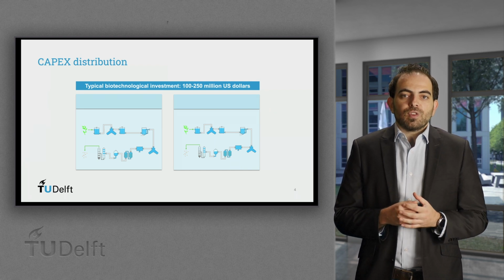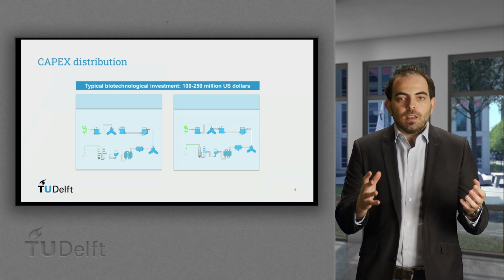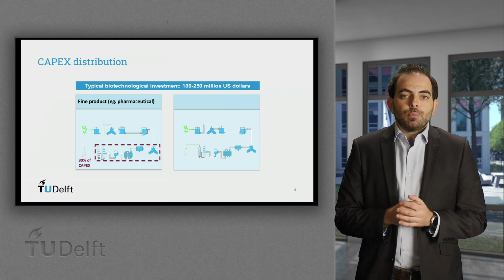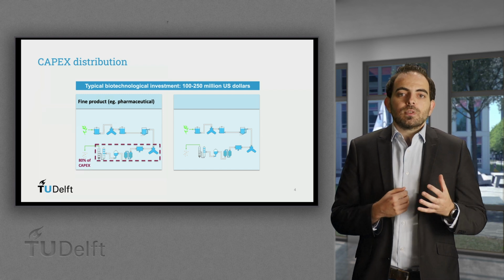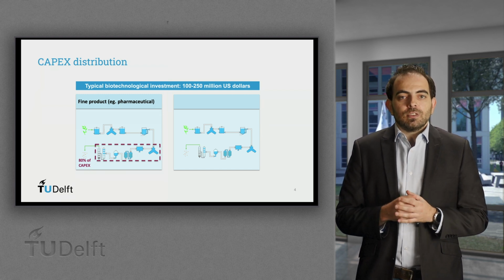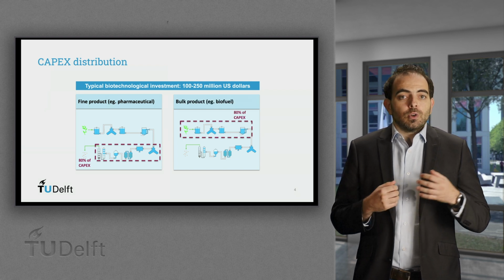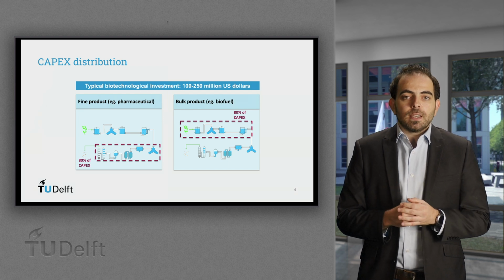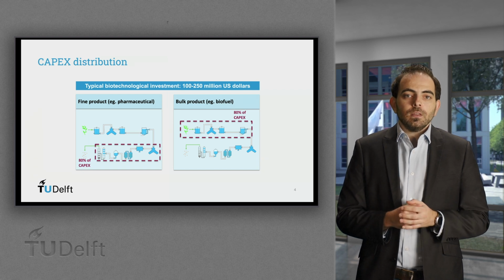But it depends on the sort of product how this investment is distributed between upstream, fermentation, and downstream costs. In pharmaceutical processes, the product purity is of extreme importance, and 80% of the CapEx can be spent on downstream processing. In bulk processing, for instance, for second-generation biofuels, on the other hand, up to 80% of CapEx may be needed for upstream processing and fermentation.